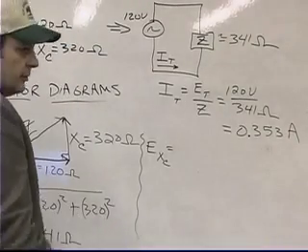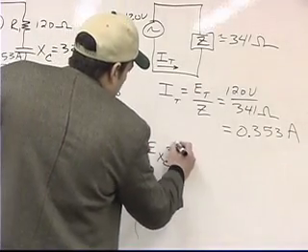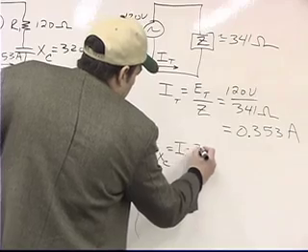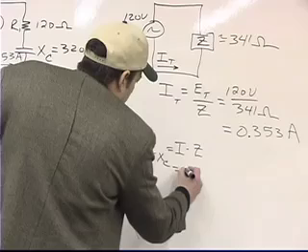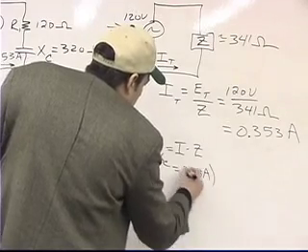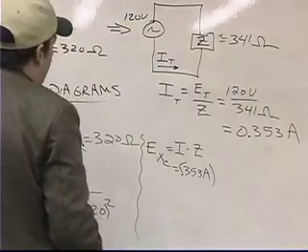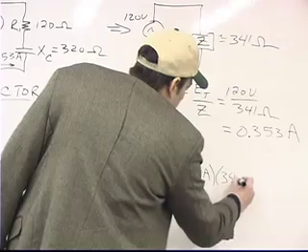Current times resistance or impedance. So it would be the current multiplied by Z, which would be equal to 0.353 amps multiplied by 341 ohms.